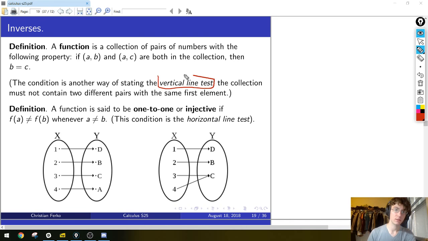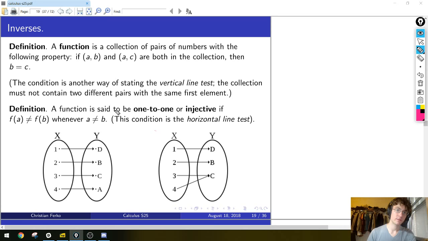That's just another way of saying the vertical line test, right? You can't have something like this where you map 1 to 5, map 2 to 3, and then map 1 to 7. You can't do that, because then that's not a function. It has to be at most one output for each input. So that was our definition of function.